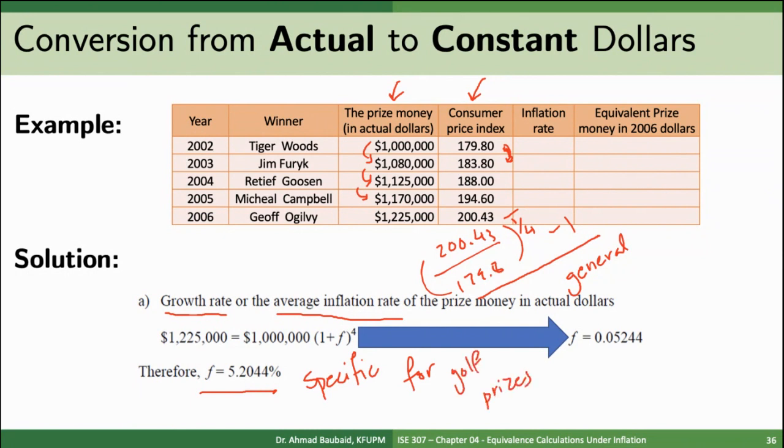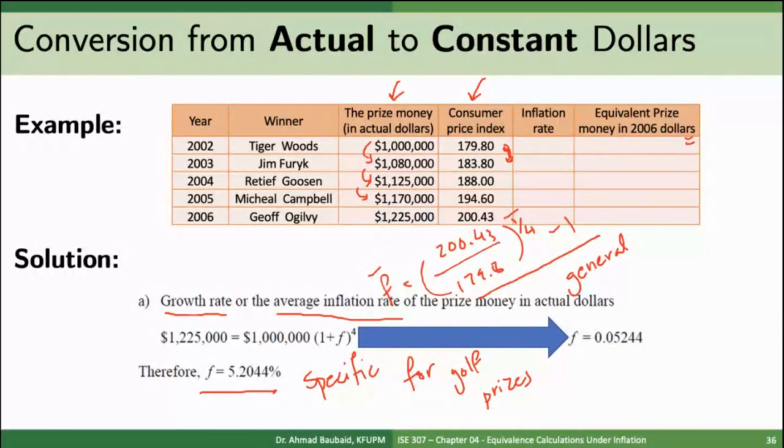The CPI, I can use it to compute an F, and that F is actually the average general inflation rate for the whole economy. And so that is F bar. So these two are two different values. It just depends on what the question is asking us, and of course what we're given. Because you can use this F bar to compute this value here.